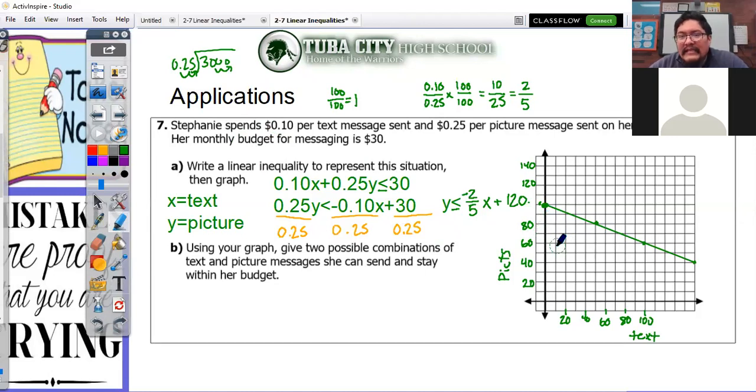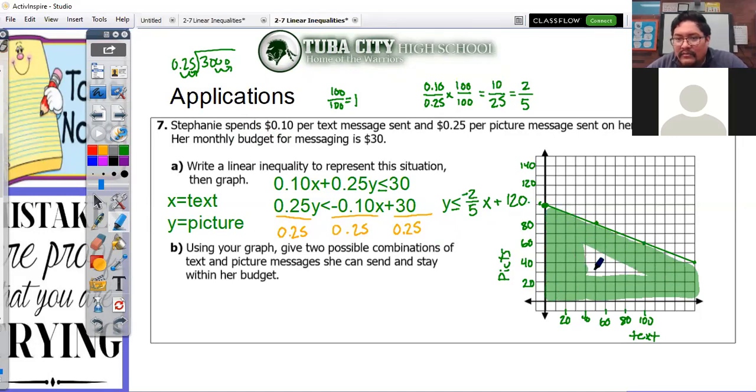So sometimes with that, just enough with that information, you can kind of tell where it's going to be. You could plug in some information, like if we were to say, okay, well, what if we sent 20 texts and 20 pictures? Well, she'd still be under budget. And in fact, that would actually be enough to, just from there, we would be able to figure out that that is a possibility that will work out and stay under budget.